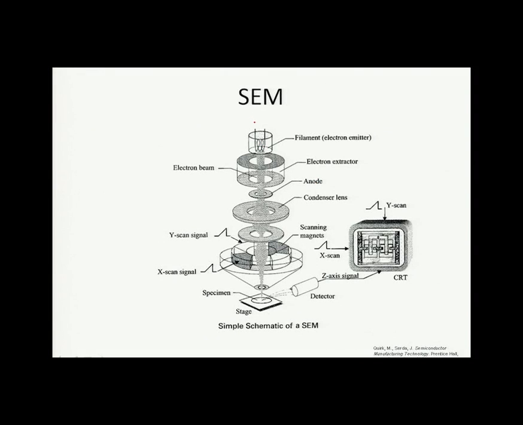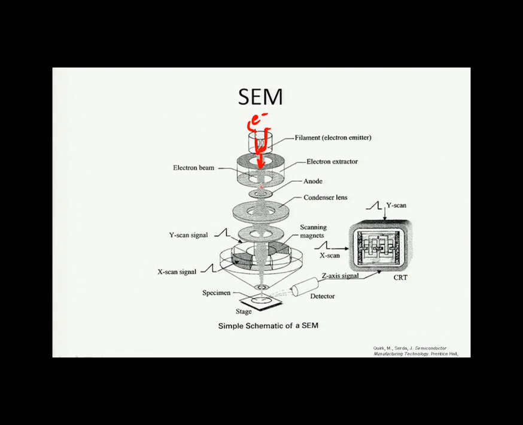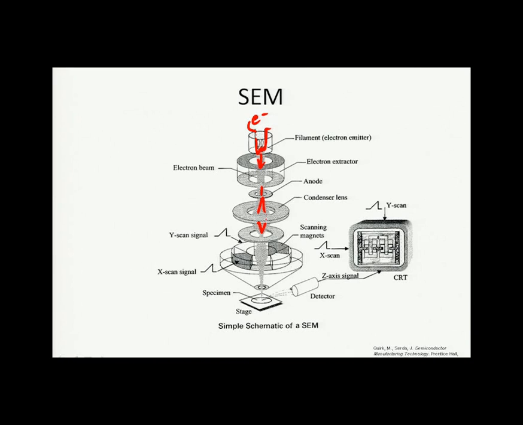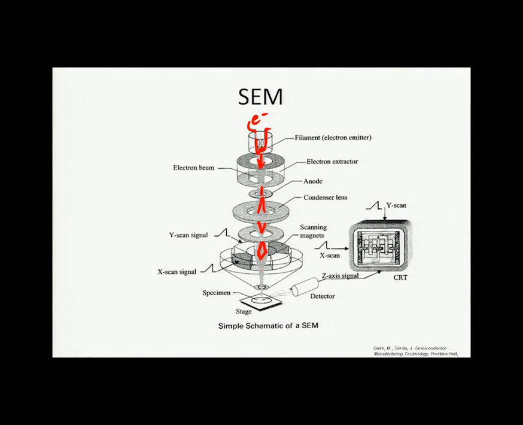So again, electrons are generated here. They basically boil off of the filament, are accelerated further down the column. The beam broadens out and then comes back together, and then one more time in the objective lens, and then here the scanning coils raster the beam to different parts of your sample.